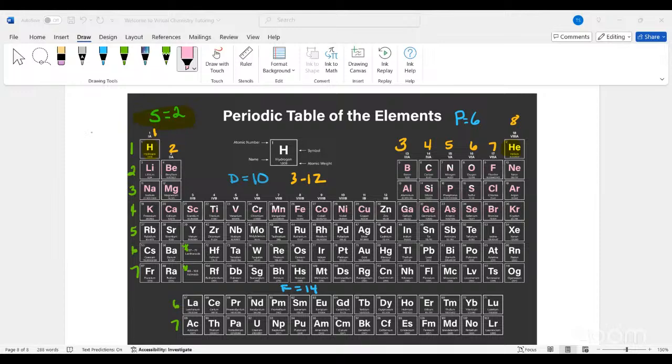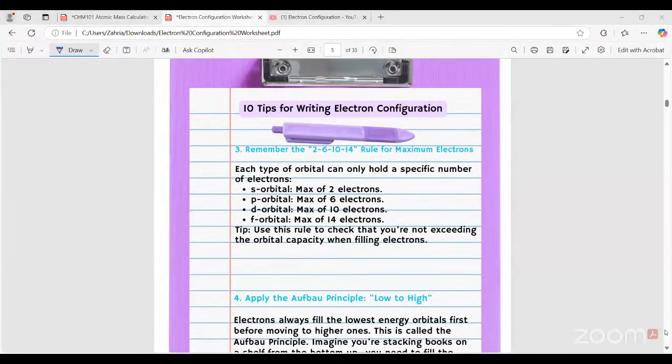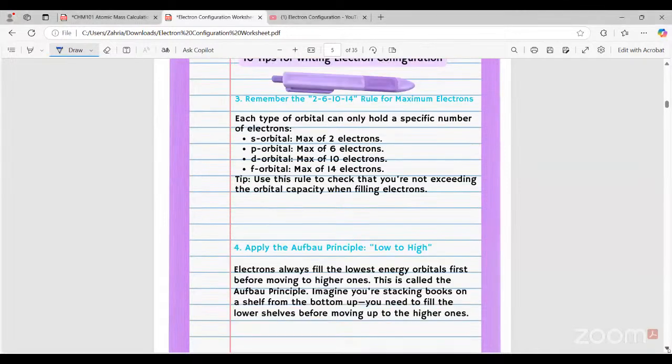All right, so let me go ahead and share this with you all again, okay? Once we start to do them, it'll all make sense eventually, okay? Now, I just mentioned this part right here about the S's having 2 electrons, the maximum, the P's having 6, the D's having 10, the F's having 14.